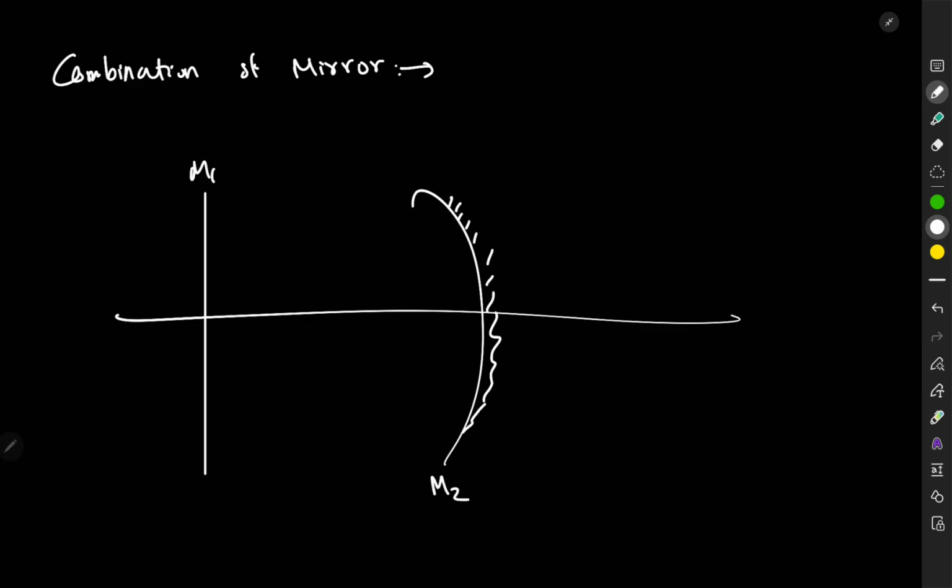I'm going to place an object here, and how the ray will look like, it will go here, it will go somewhere like here, and it will join with this axis here, and here the image will be formed.